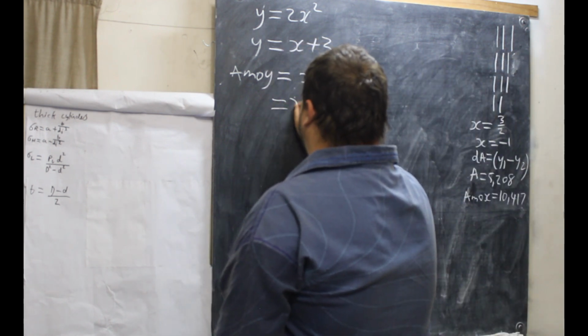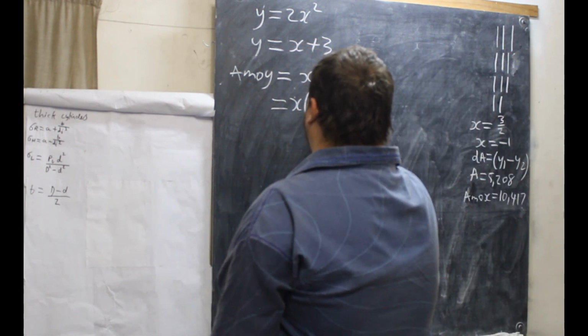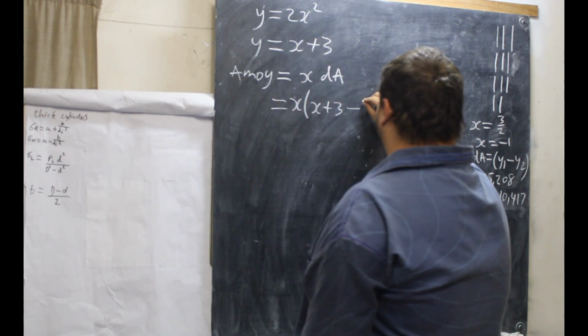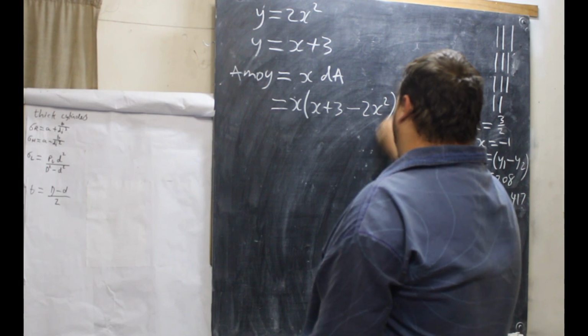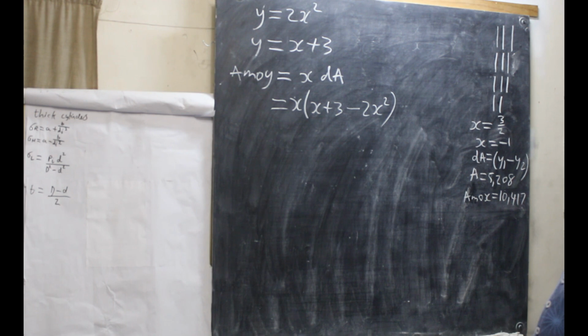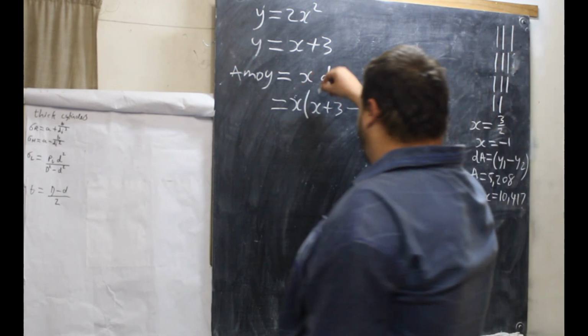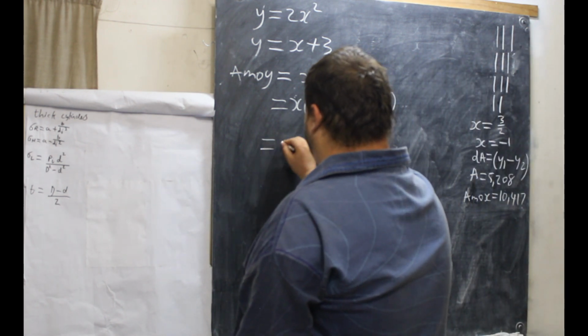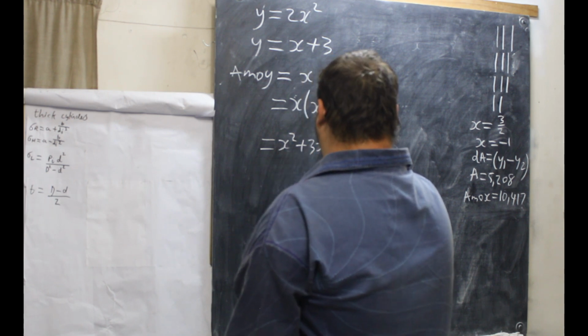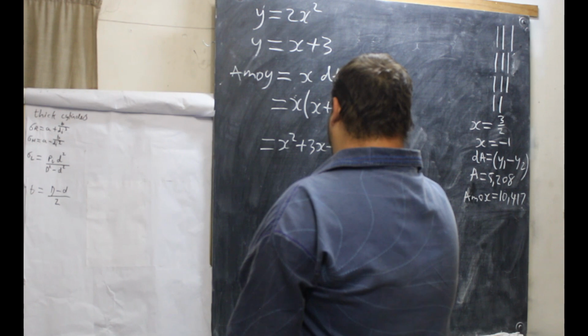So this equals x times x plus 3 minus 2x squared. So first things first, as we put the x in here. So that's x squared plus 3x minus 2x cubed.